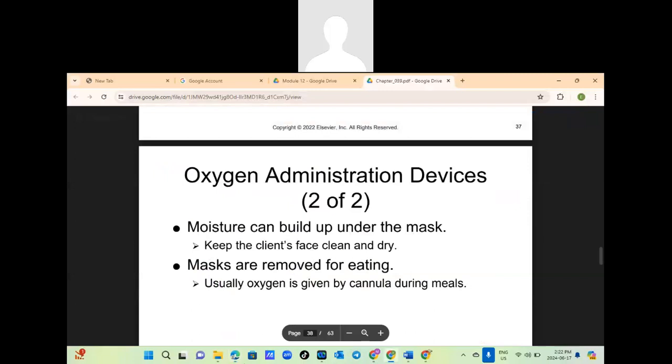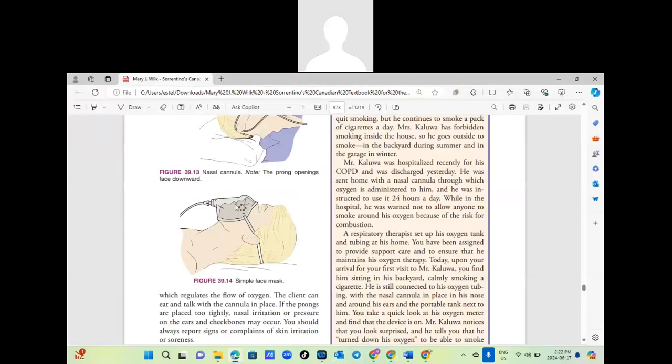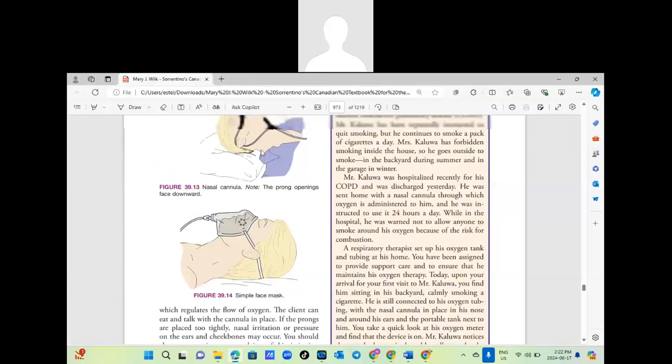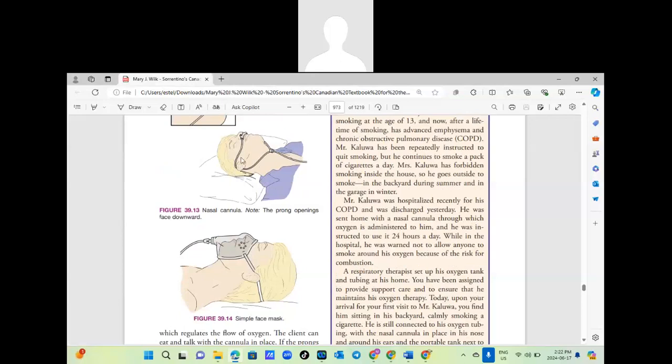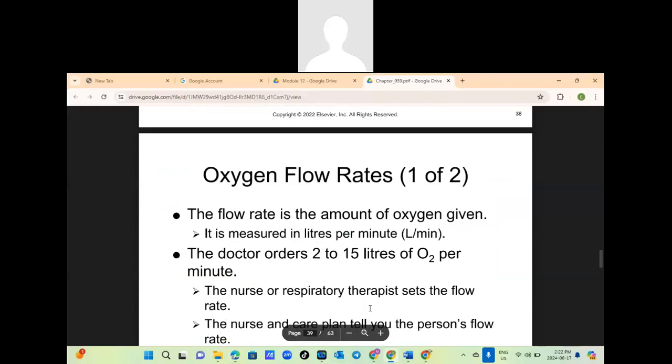So of course, with the simple mask, you're not going to be able to eat, right? So you have to take this off. You're going to use the nasal prongs for the client to eat, and after eating, oral hygiene. Then you're going to place the mask again. All right, so let's continue.